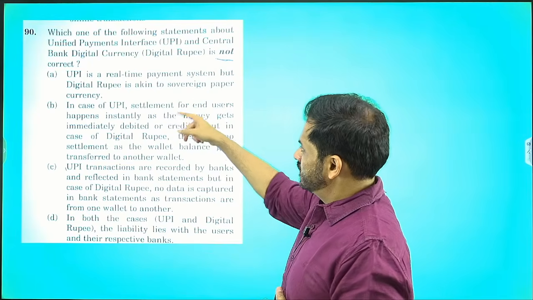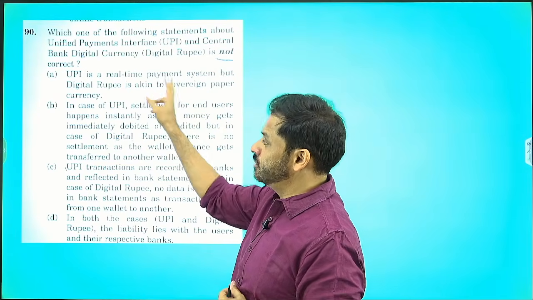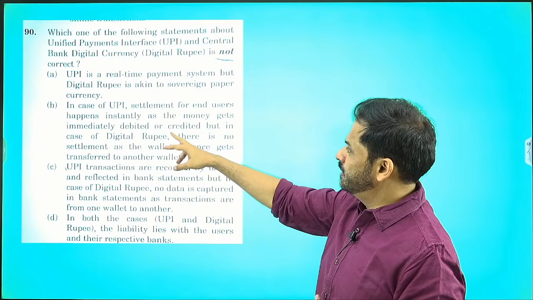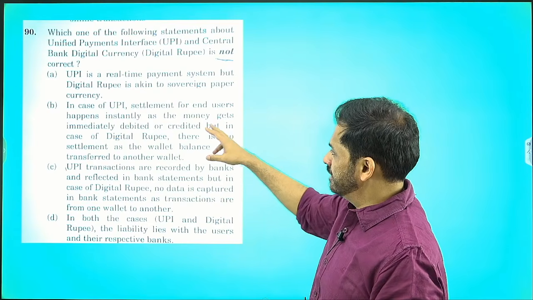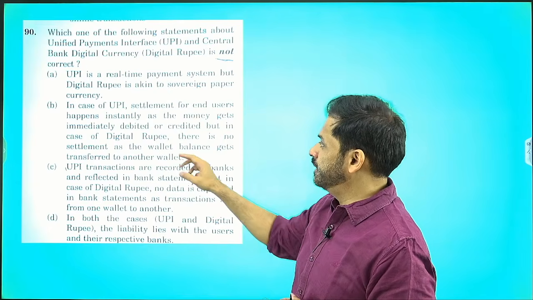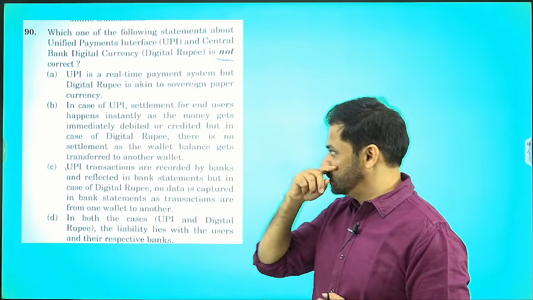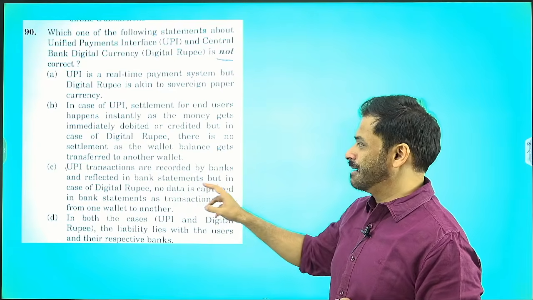UPI is a real-time system, and digital rupee is akin to sovereign paper currency. Now, in case of UPI, settlement for end users happens instantly as the money gets immediately debited or credited, but in case of digital rupee, there is no settlement as a wallet balance gets transferred. This is also correct. As I told you, UPI transactions are recorded by banks. Yes, every time a transaction has happened, it has to be recorded by the bank.